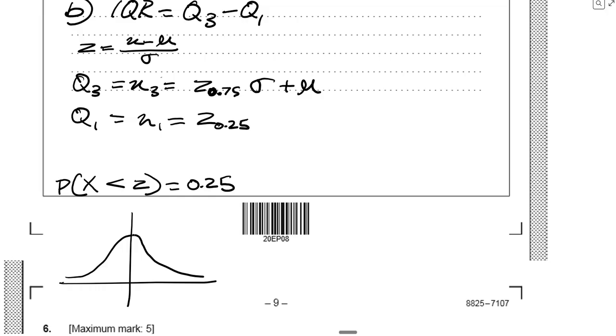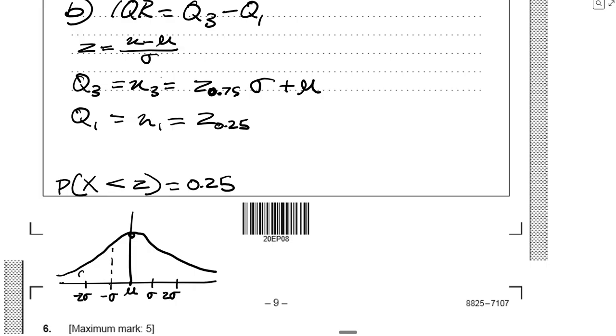We have a bell curve centered here. This is our mean. This is negative 1 standard deviation, this is 1 standard deviation, 2 standard deviations, negative 2 standard deviations, right?